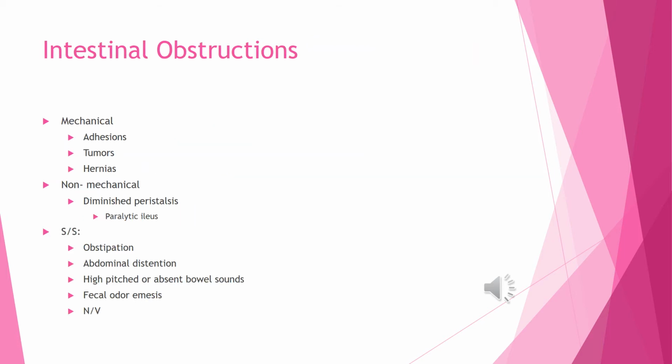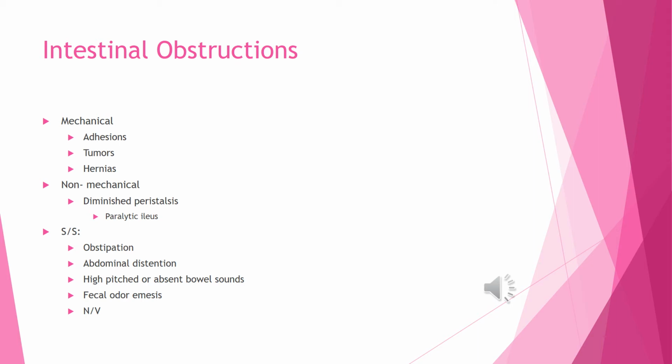Next, we'll talk a little bit about intestinal obstructions. And there really are two types, and that would be mechanical and non-mechanical. So if you think about it, mechanical machinery, it's going to be something that's actually causing the mechanism of the intestines not to work. For example, it could be adhesions, which are scar tissue within the abdomen, generally from surgical procedures.